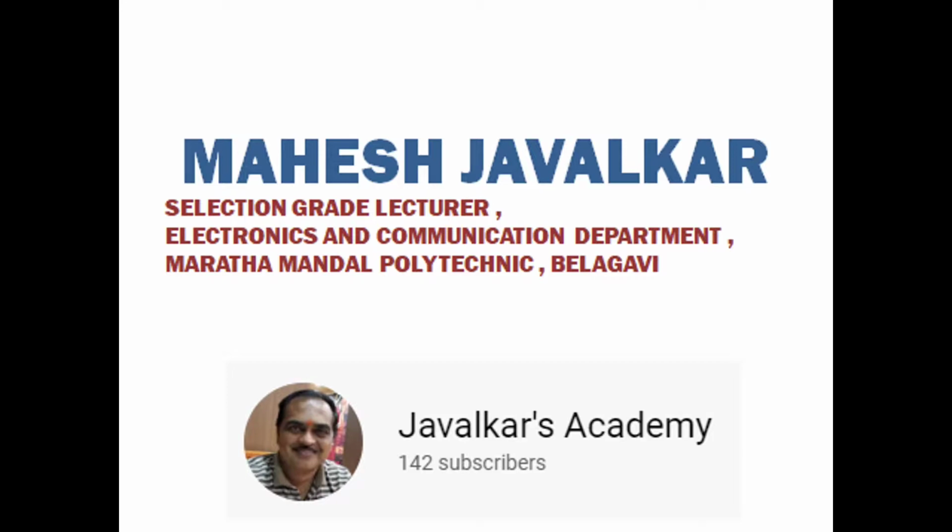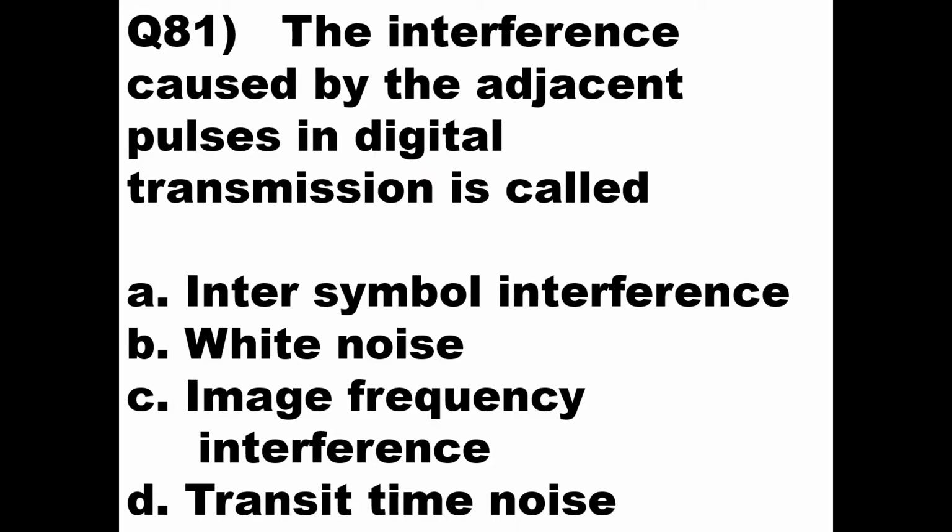So question number 81. The interference caused by the adjacent pulses in digital transmission is called as what?